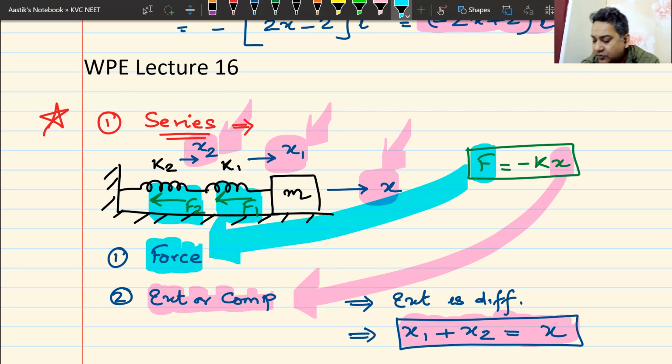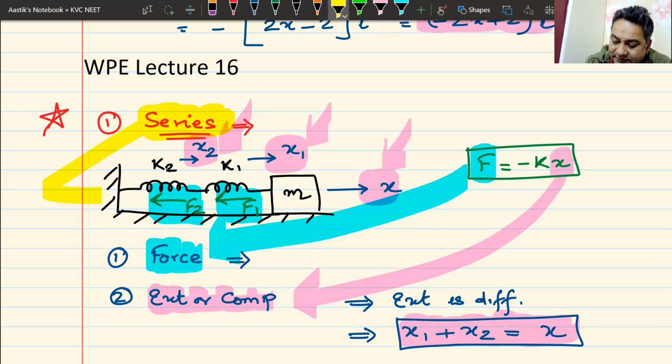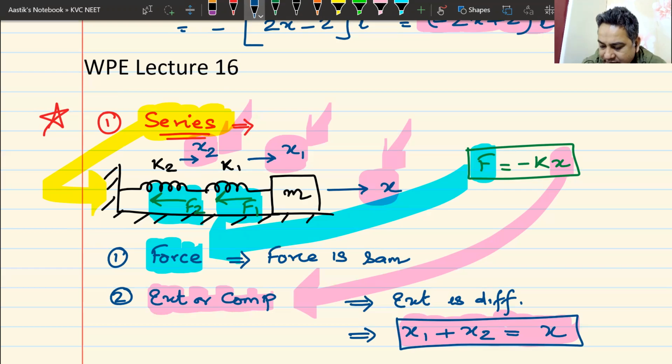Remember here, where the springs are attached like this, which is known as the series combination of springs, extensions in the springs are different, but the force in the spring is same. That implies F1 will be equal to F2.